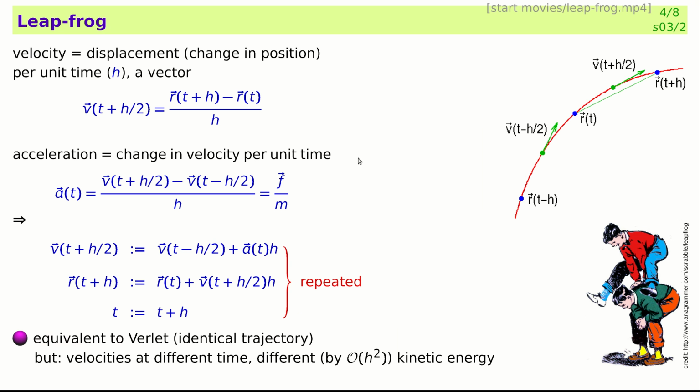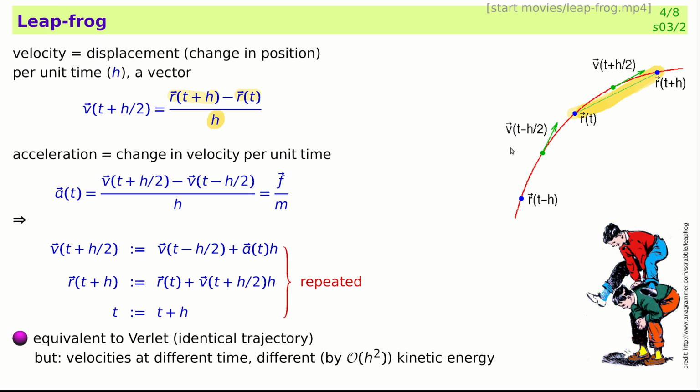The Leapfrog method is equivalent to Verlet, but it is even easier to derive. It's enough to realize that if I take two positions of a particle that differ in a short time step, like for example from here to here, then if I divide this by the time step, I'll get the average velocity during this interval.